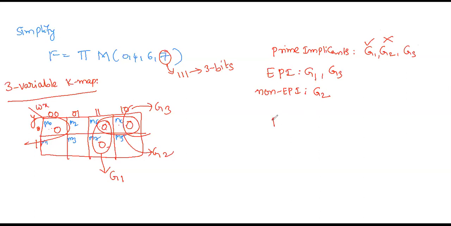So the final expression is set of essential prime implicants. F is equal to G1 into G3 product. Don't forget this.